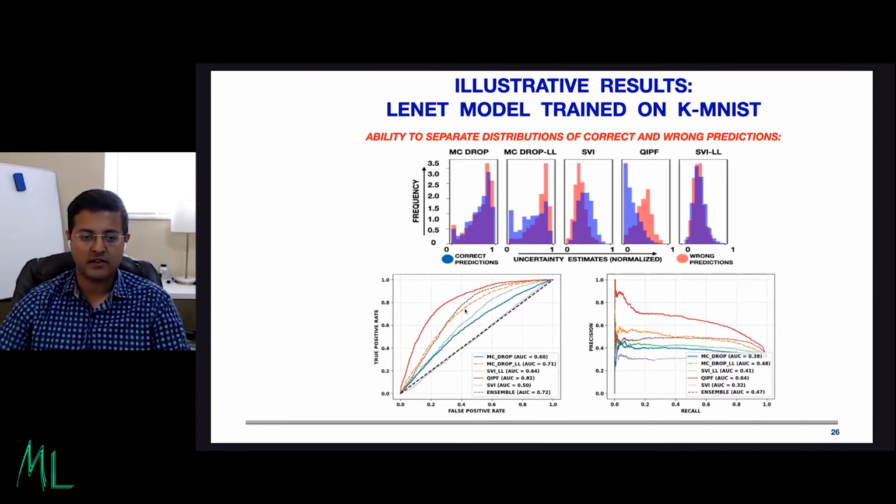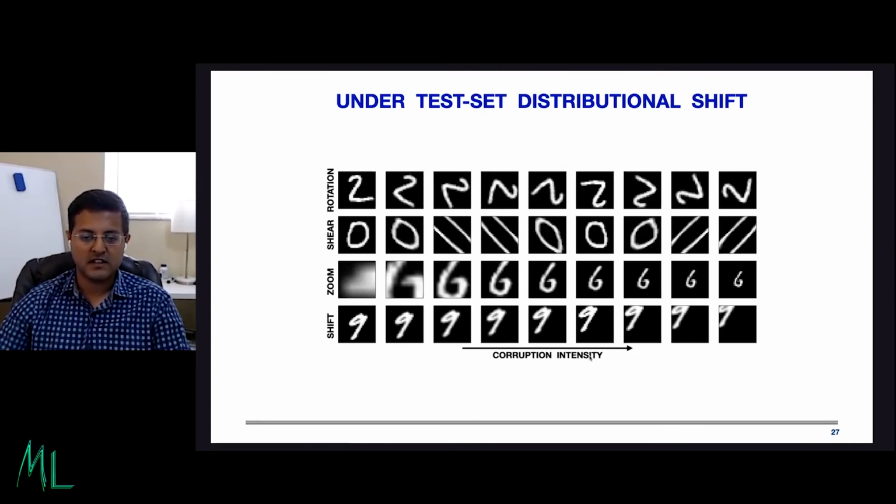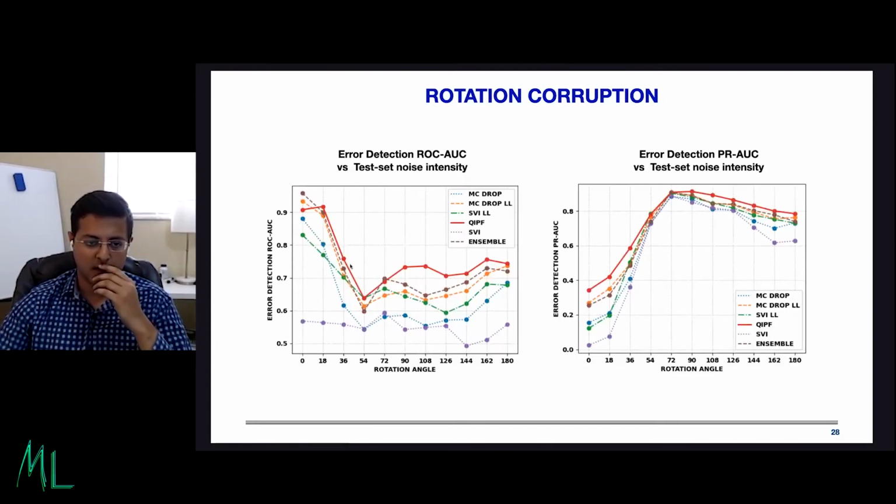The average ROC AUC, that is, the area under the curve of ROC AUC and precision recall curves for each of these intensity levels. And we see from these graphs, this is the example of rotation corruption, that the QIPF almost consistently remains higher than all of the other methods, both in the case of ROC AUC and in the case of precision recall AUC.